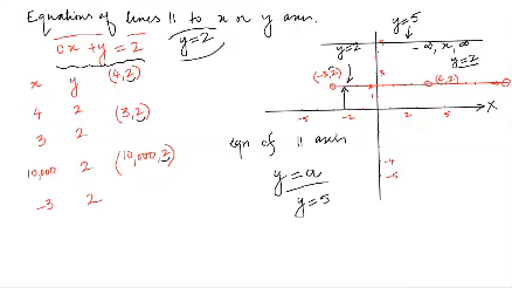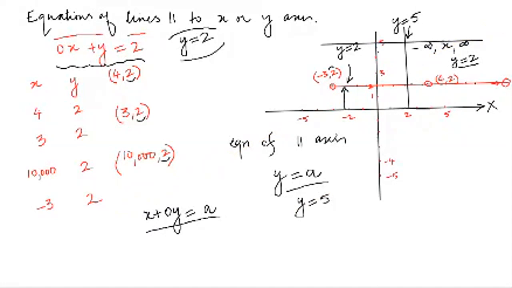Similarly, students, if you see an equation where x is there but y is not there, like 0 into y is equal to, let's say, a. Now, this line will always be parallel to the y-axis and x is constant. How can I draw this line parallel to the y-axis?